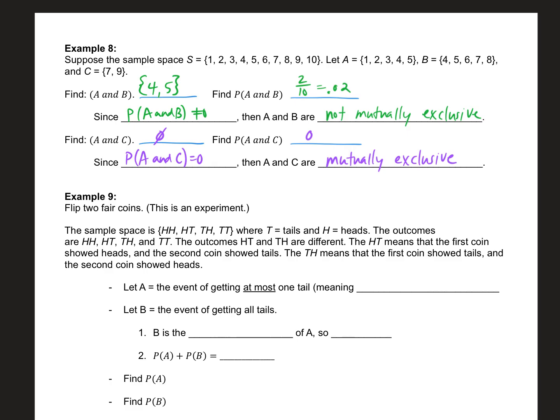Let A equal the event of getting at most 1 tail. So what is another way I can say that? At most. Okay, there you go. So no tails or 1 tail.